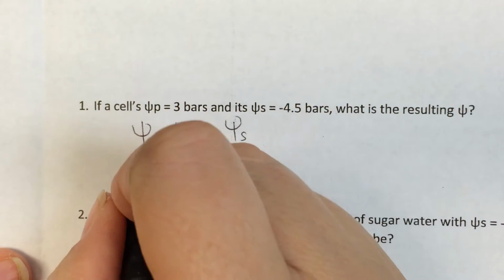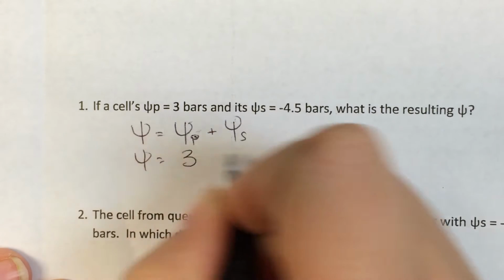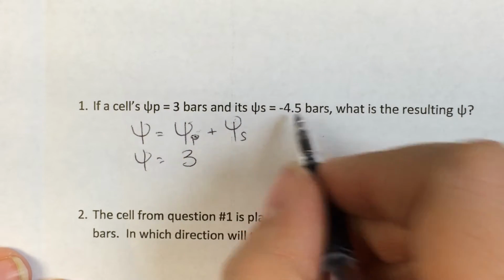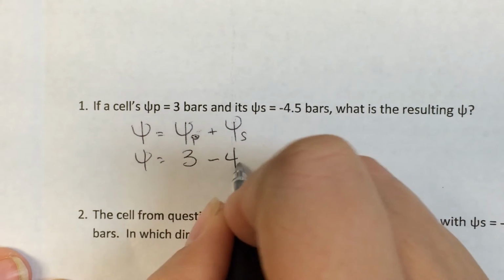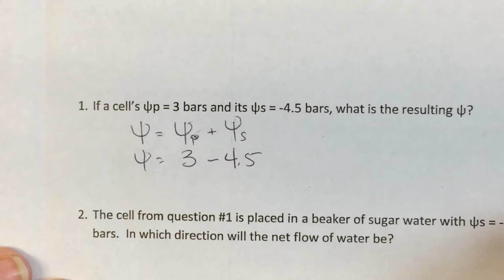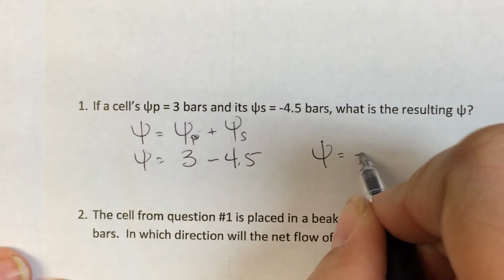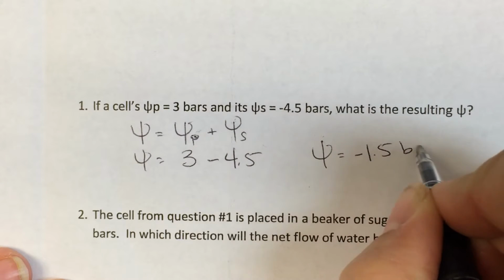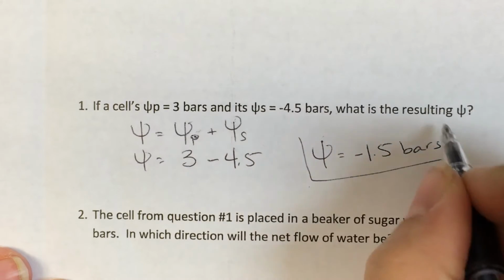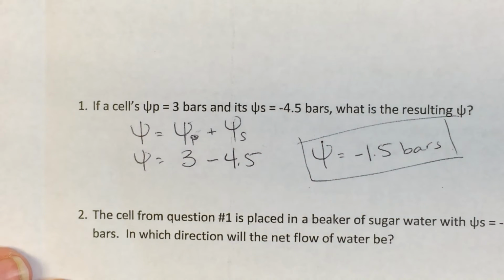My pressure value, they told us, is 3 bars. My solution value is negative 4.5 bars. Here you just call upon your elementary math skills, and you should see that the psi of my system is negative 1.5 bars. Oh, if they could only be that easy.